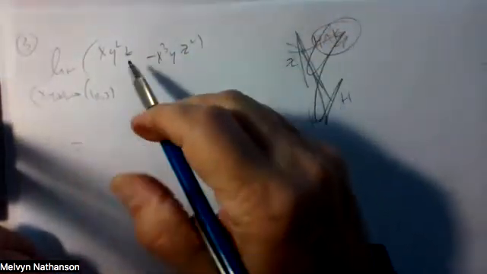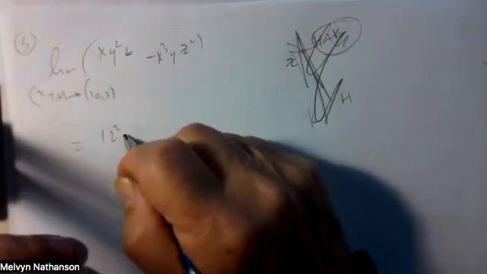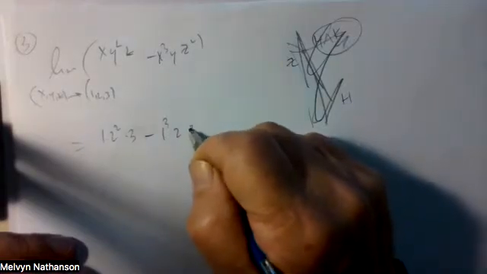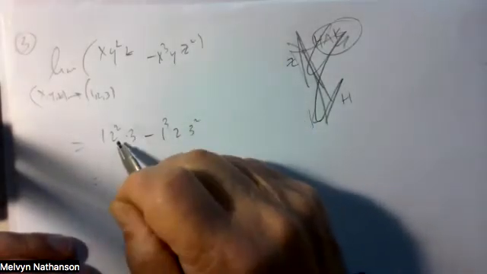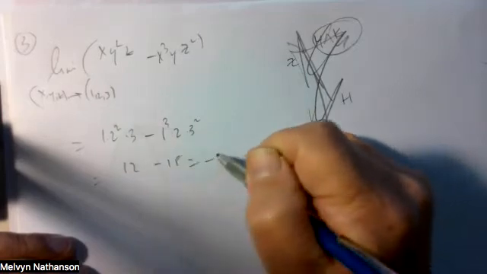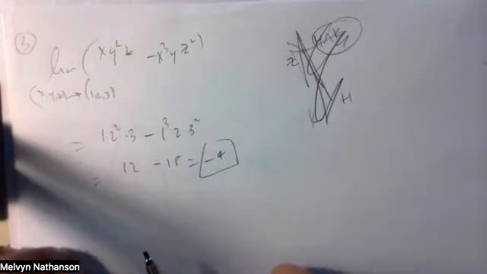You just have to plug in the values for x, y, and z. 1 times 2 squared times 3 minus 1 cubed times 2 times 3 squared. So that's 12 minus 18. So the limit is minus 4.